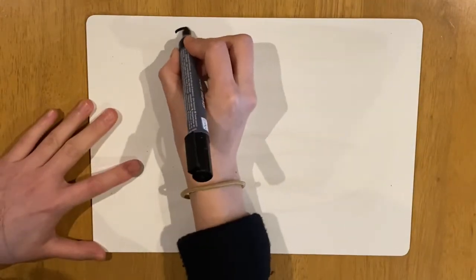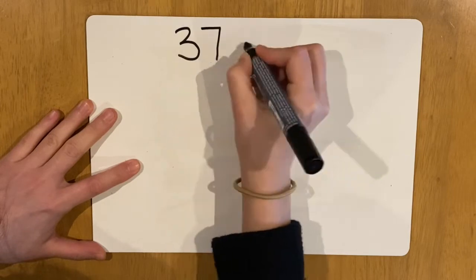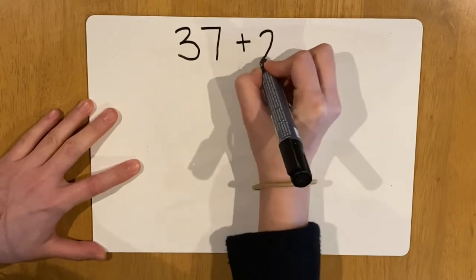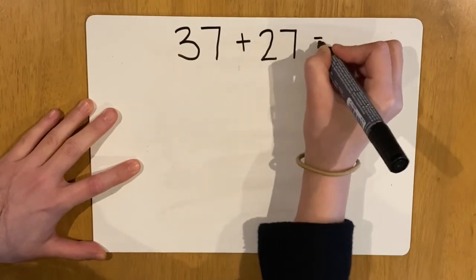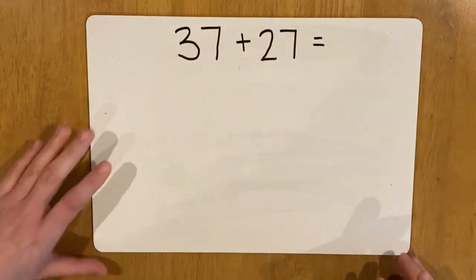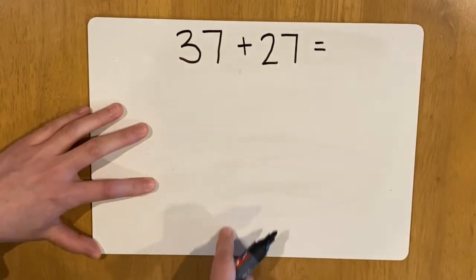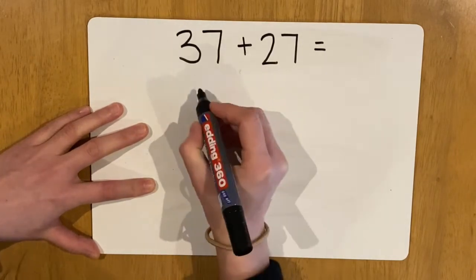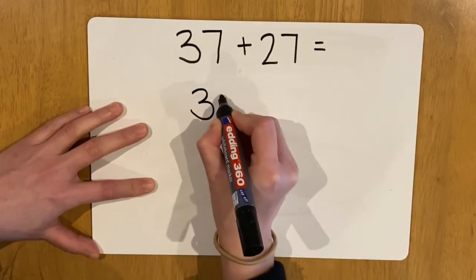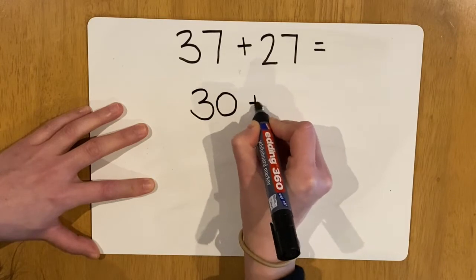Next question is 37 add 27. This time we are going to do something slightly different. Instead of drawing a line down the middle, we are going to do a plus sign. So 30 add 7.